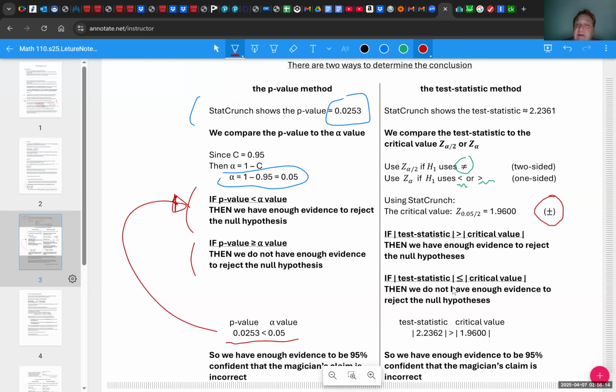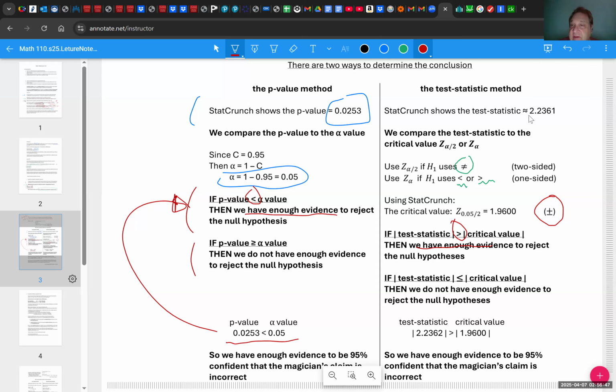You might want to make note that the sign here is greater than for having enough evidence, but on the p-value method, it's the opposite sign. I think it's confusing if you haven't done these before and you don't have a chart in front of you to remind you about the less than or greater than. That sometimes is where students get a little stuck when they're first learning hypothesis testing.